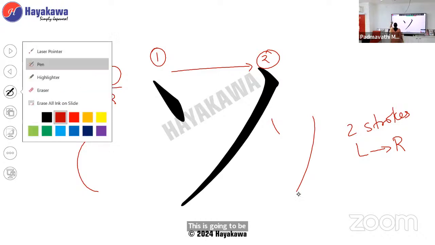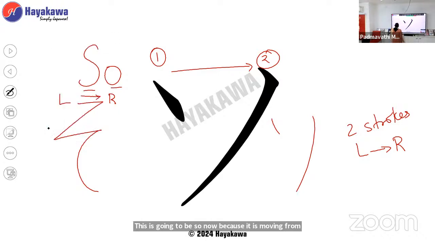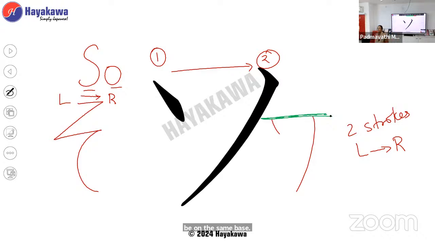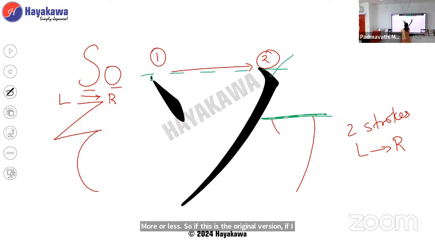Now, because it is moving from left to right, the imaginary line which I'm going to put is horizontal. When I put this imaginary line, it should be on the same base, starting from the same base, more or less. If this is the original version, this is touching, but here it is not touching. You have a gap.